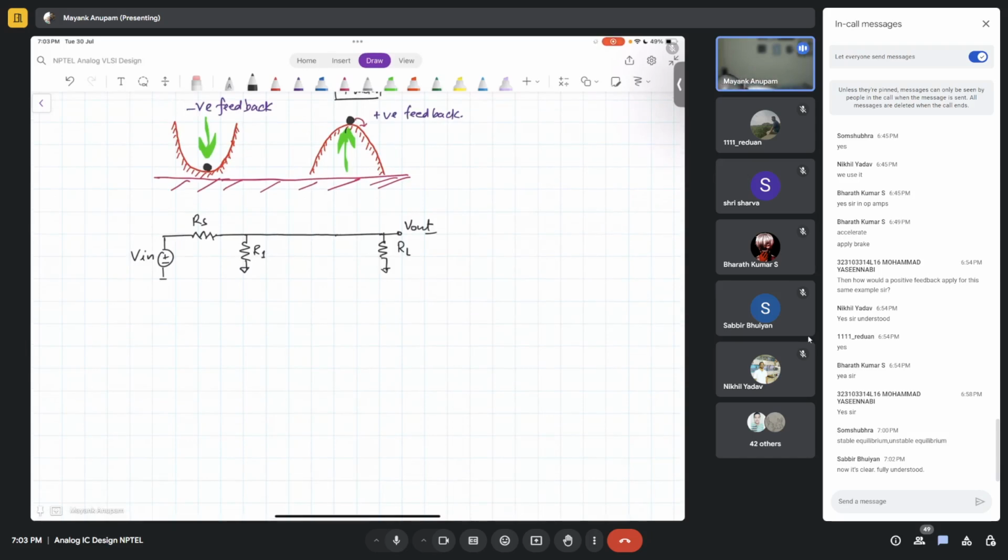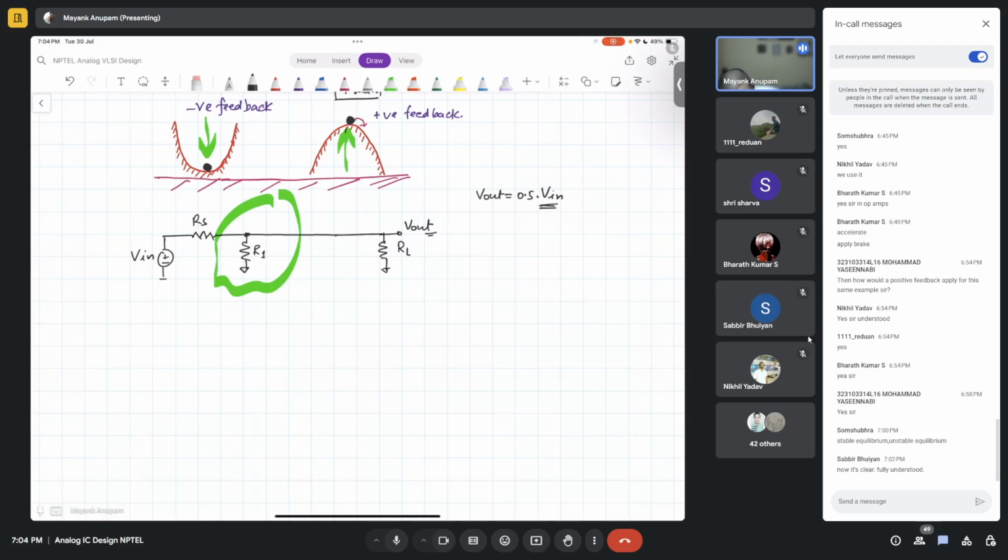Let's say you want to have a certain R out here. So this was the network. Let's say you just put this R1 here, and you were getting some V out because of this R1. Let's say you wanted a voltage division of 0.5, so a V out of 0.5 times V in.